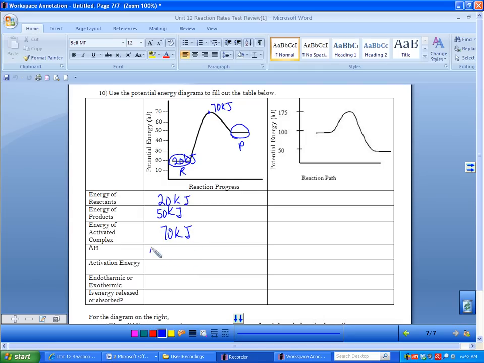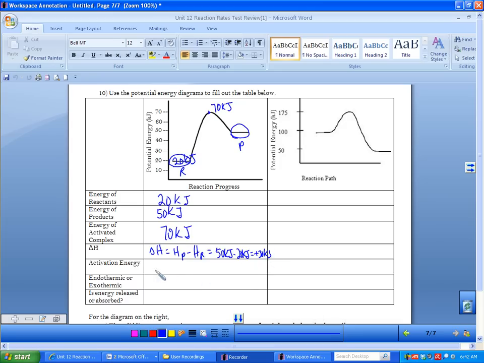Delta H is H of the product minus H of the reactant. So products were 50, reactants were 20. Looks like a positive 30 kilojoules to me.